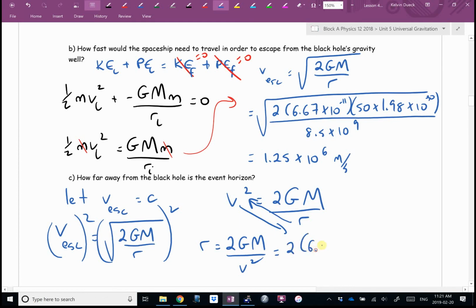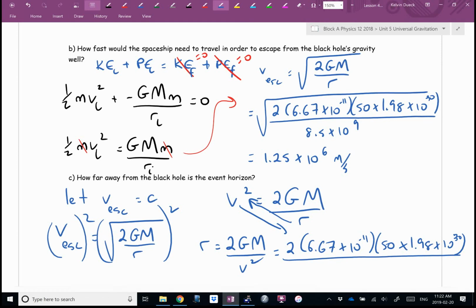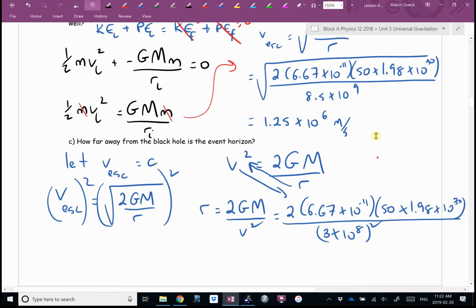2, 6.67 times 10 to the negative 11, 50 times the mass of the sun, divided by, what was the speed of light? I think I put that on your formula sheet too, didn't I? 3 times 10 to the 8th squared.